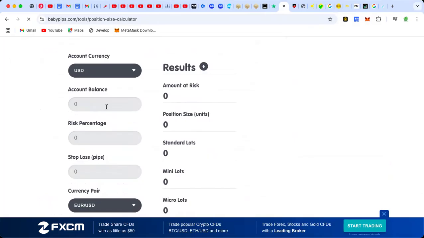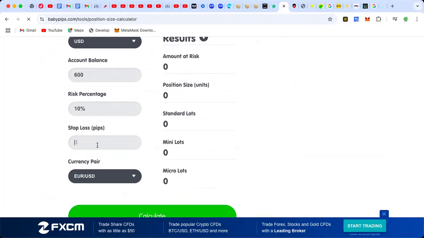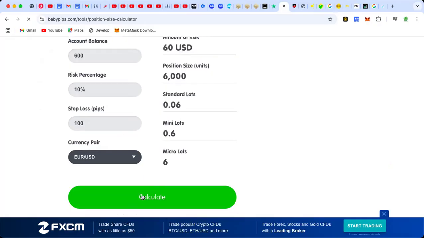If I'm using a stop loss of 100 because of gold, that means I'm going to use 0.03 or 0.06. I can divide into 2 or 3, so 0.02 in 3 places will be my entry.